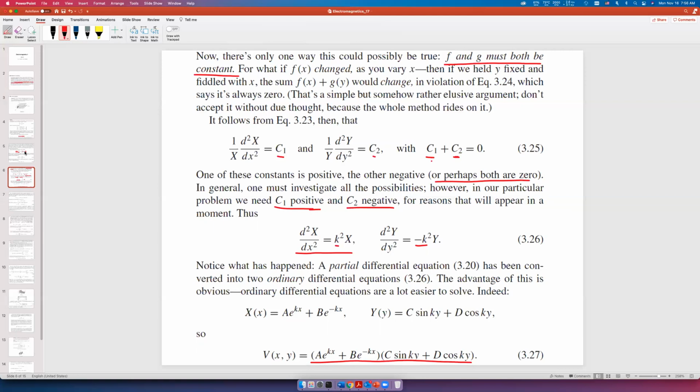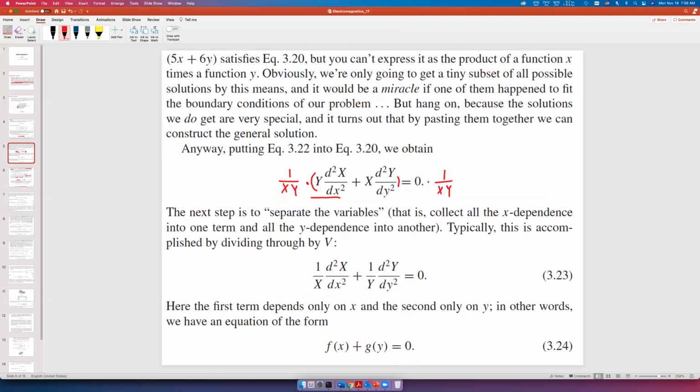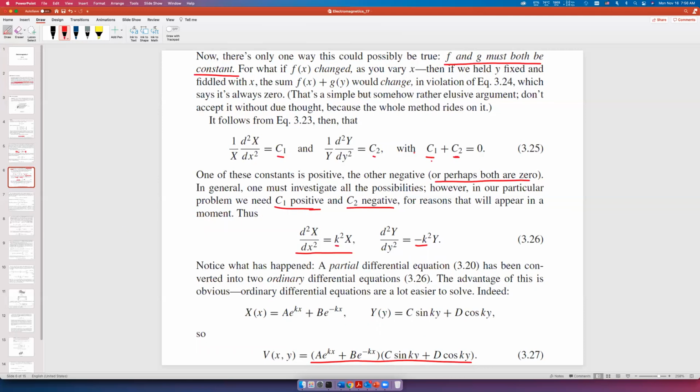Then you use some tricks to figure out that for those two equations, in this case f and g, one should be positive and the other negative. The positive one can be written in this term, the negative one in this term, and the solution is the product of these terms. This is a general solution.